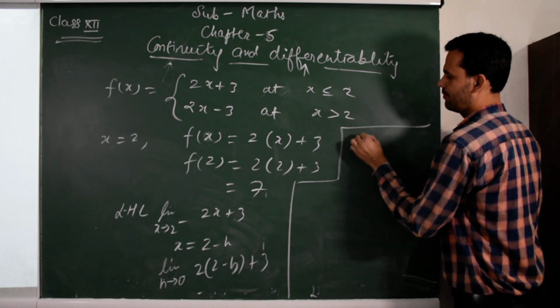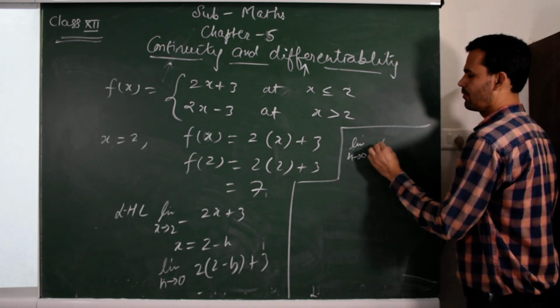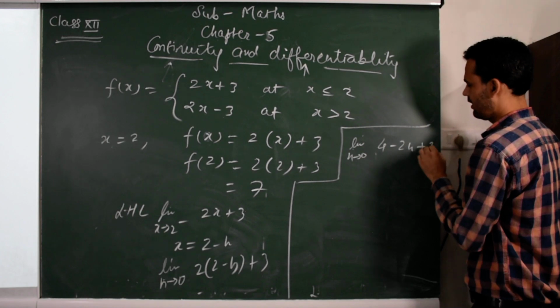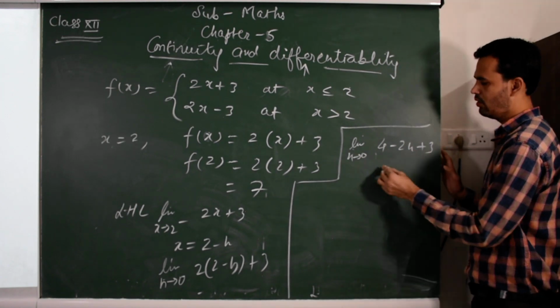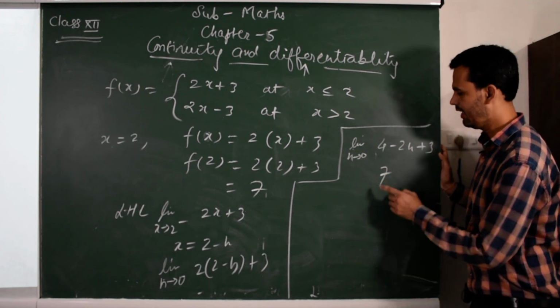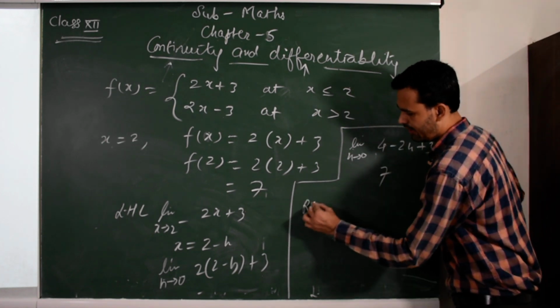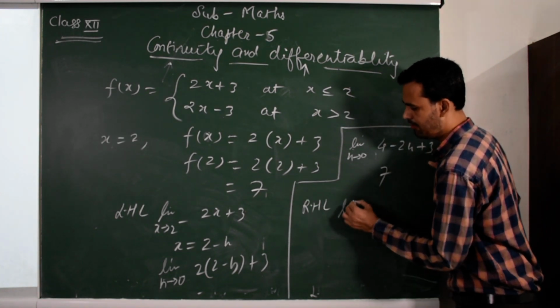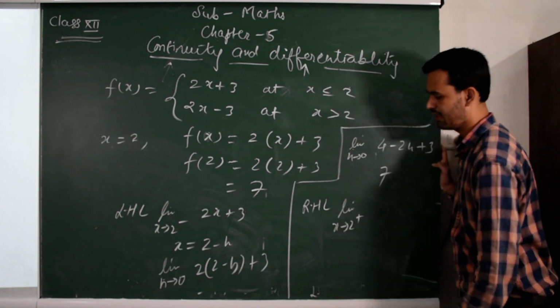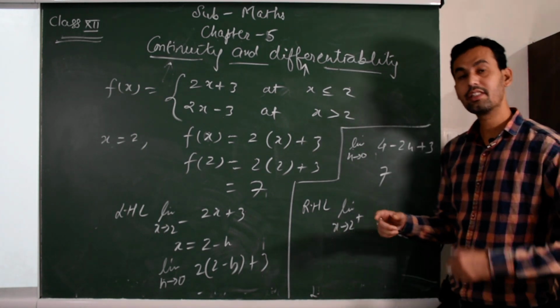So limit h tends to 0, it's 4 minus 2h plus 3, value of h is 0, so the value of LHL is 7.